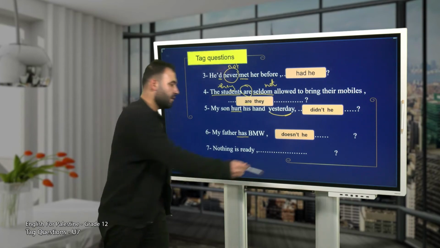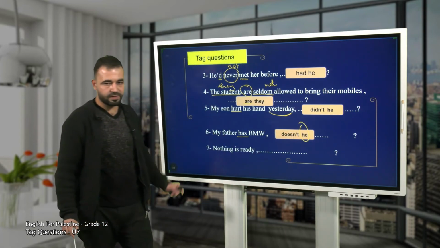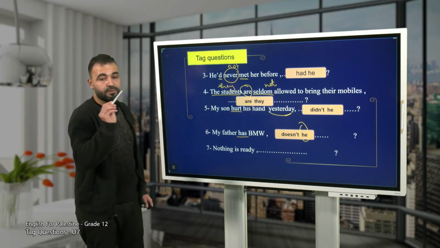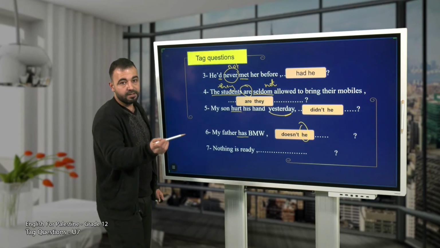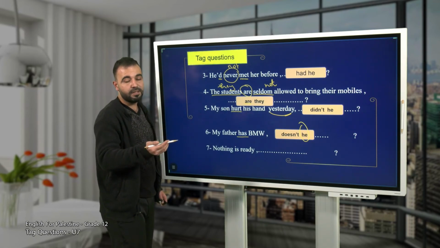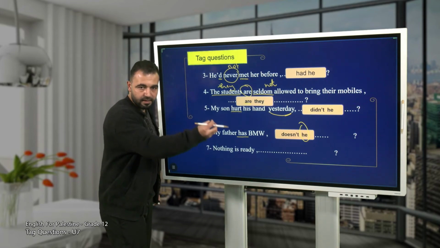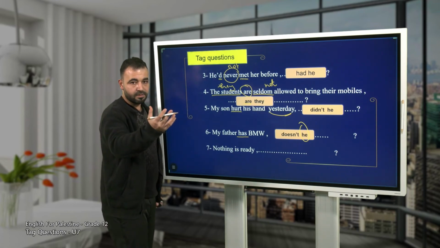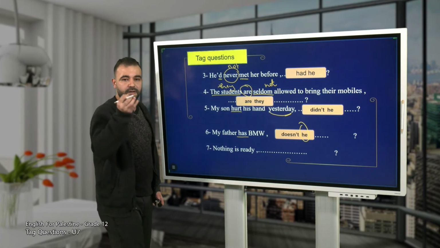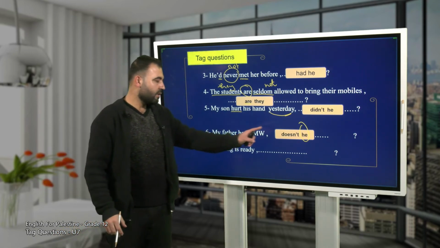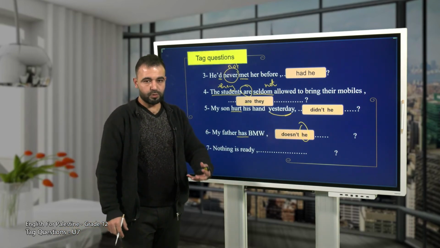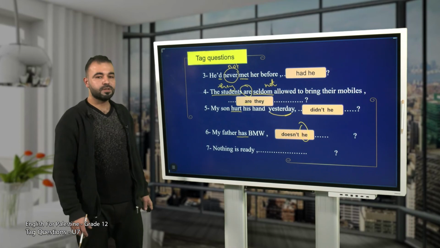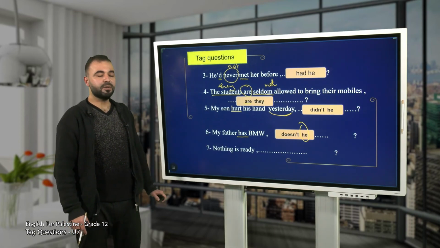My father, we write he for this subject. So doesn't he? Don't forget that has or have, if they are followed by a past participle form, they are auxiliaries. We reflect them in the tag question. But when they are followed by a noun or an adjective or anything else, they are main verbs, and we reflect them with the verb do. Do, don't, doesn't, etc., according to the tense they are formed on.